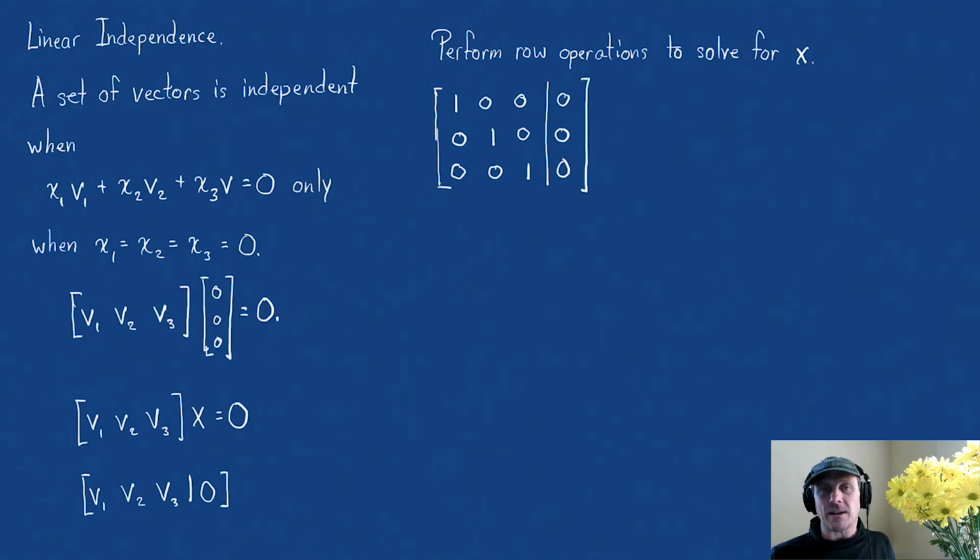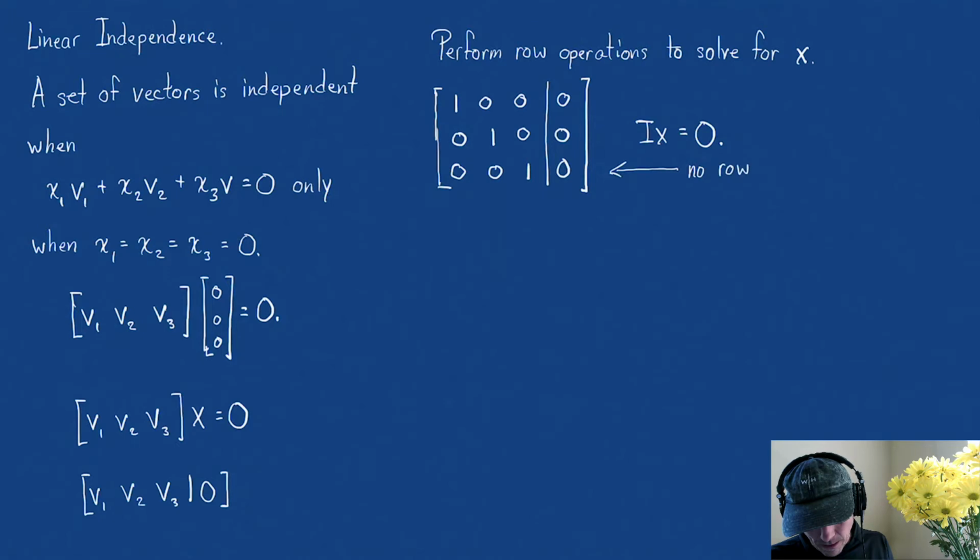So what have I gotten? In other words, if I have a set of independent vectors, then through a series of row operations, I get to the solution where I have I times x equals 0. Notice this. Notice that there's no row of zeros.